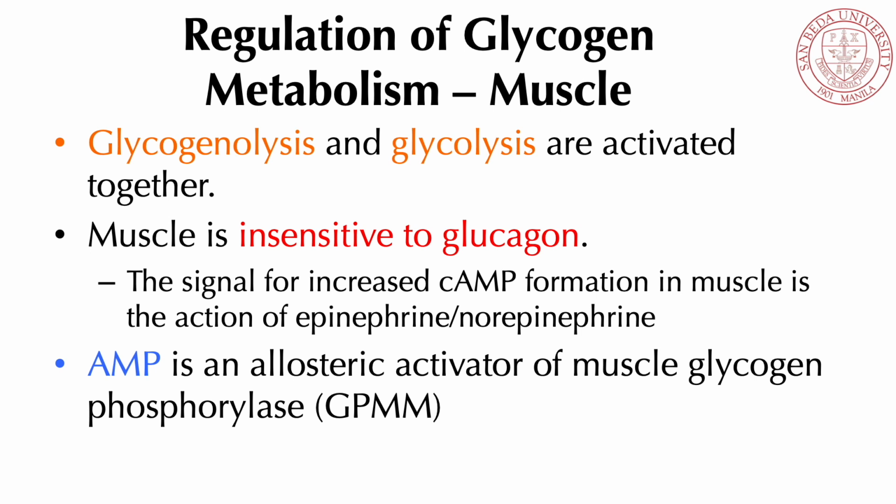And in many instances of high energy demand, ADP gets further cleaved into AMP and inorganic phosphate. Thus, a rise in AMP levels is reflective of dwindling ATP levels. Thus, it makes biological sense that AMP activates muscle glycogen phosphorylase to cleave more glucosyl units or glucosyl residues from glycogen to be used for energy production.